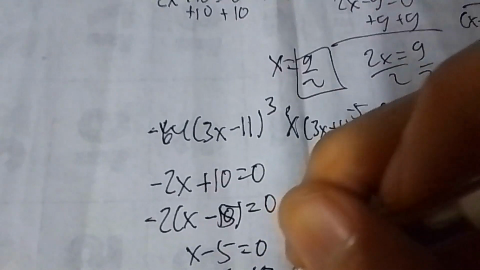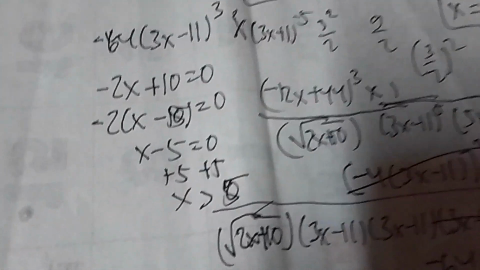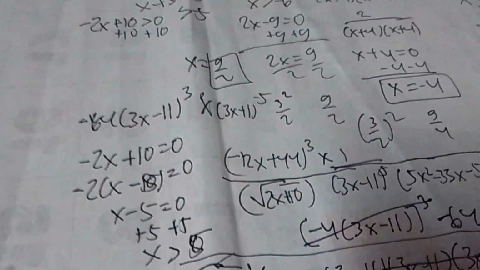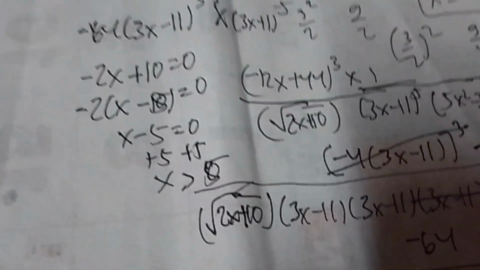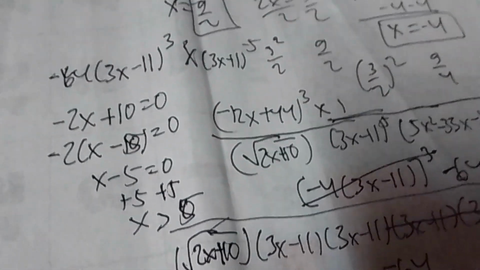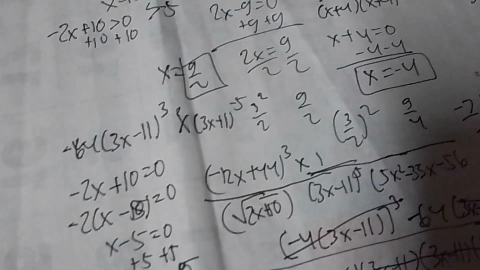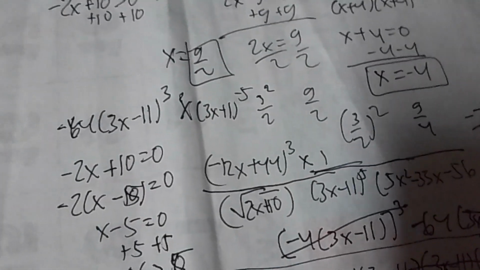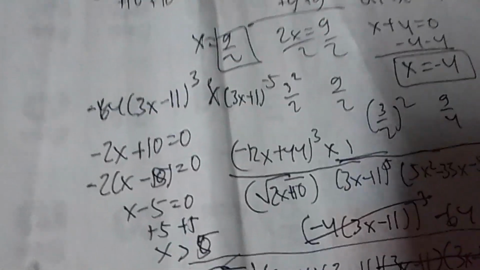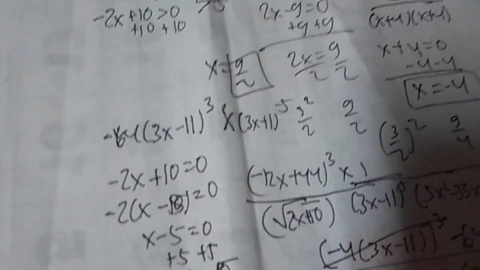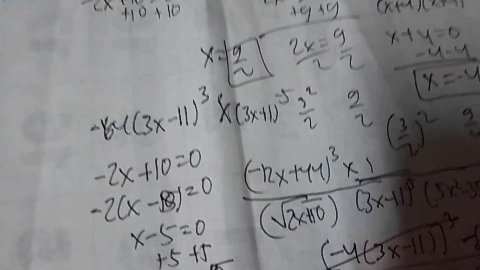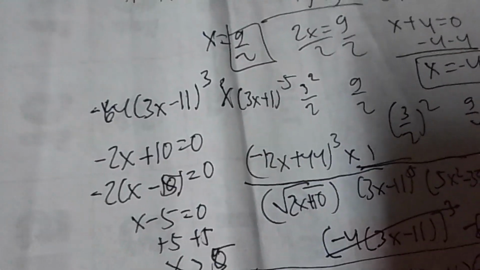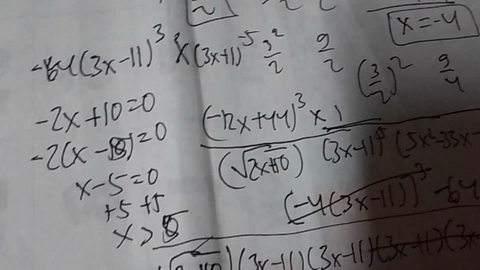So x must be greater than 5 in this particular situation. So that's the value of x. Therefore, if we have something like negative 2 times 5, that would be negative 10, so it's not possible. If it were 6, negative 2 times 6 plus 10, yeah, possible. That's why the sign changes.